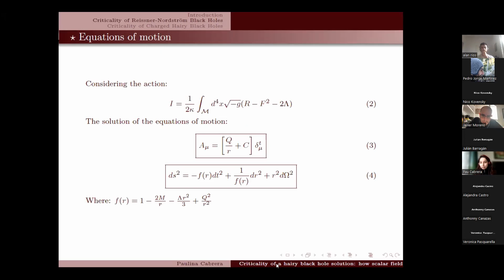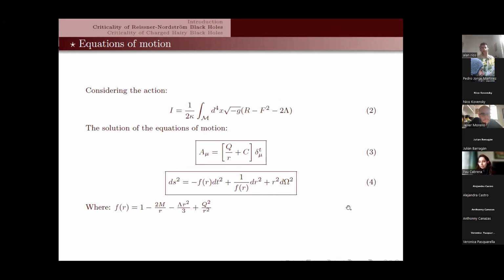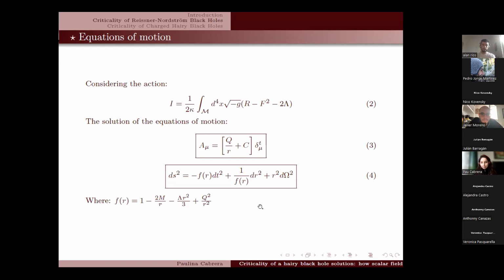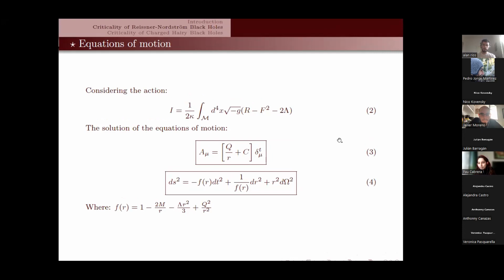So as usual, we start with the action of Einstein-Maxwell theory, where R is the Ricci scalar that encodes the curvature, F is the gauge field, and lambda is a negative cosmological constant, from which it follows that the equations of motion are 3 and 4, with the solution of the metric in this form, where M is the mass and Q is the electric charge.